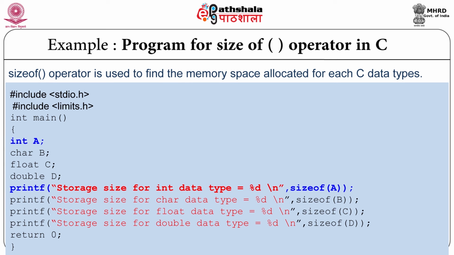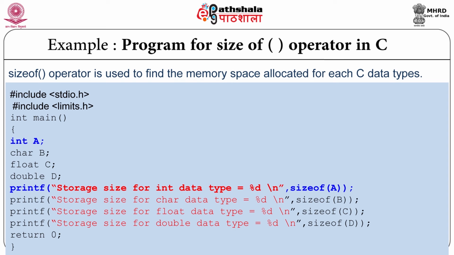Now, here I have given a simple example for demonstration of the sizeof operator. You can see in this program I am considering integer a, character b, float c, double d. In this example, we will find out the memory space allotted for each data type using the sizeof operator. The first data type is integer, declared as variable a, and we can see in the program how the sizeof operator is used to find the size of the integer data type.